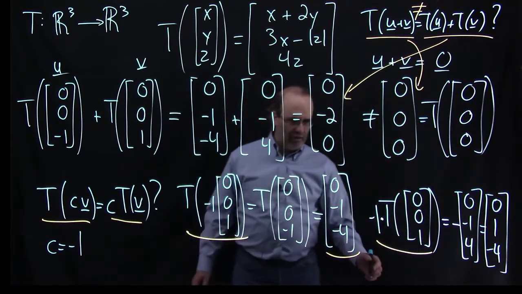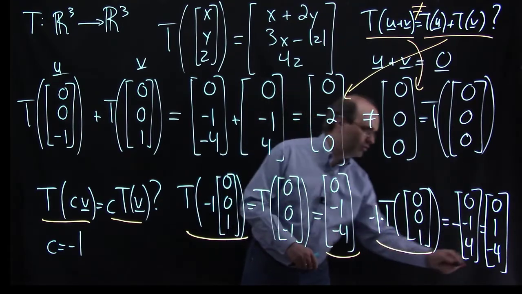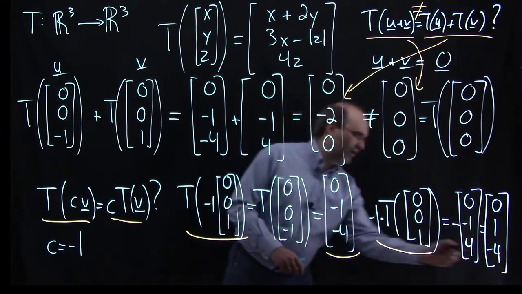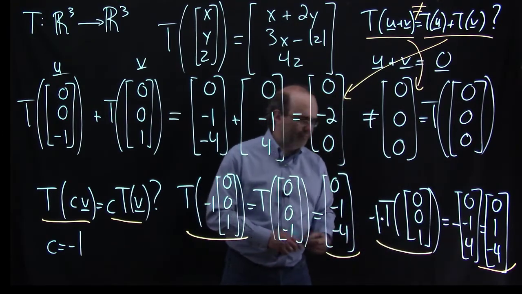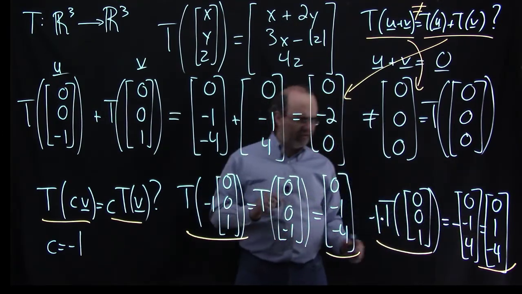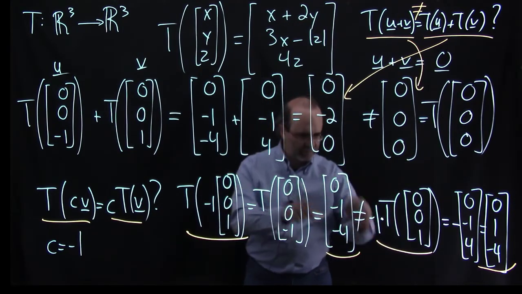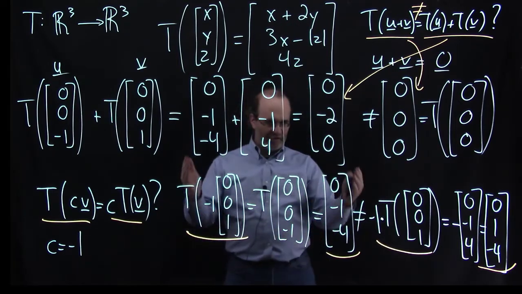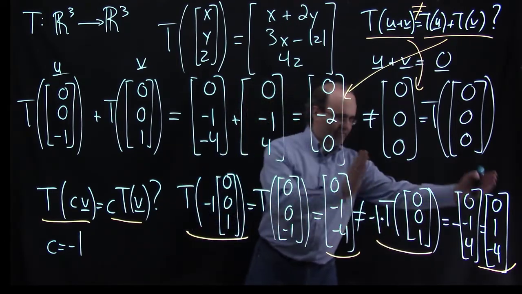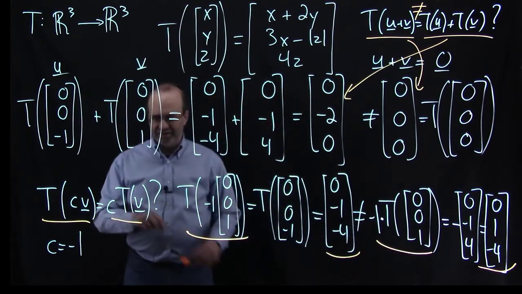Now, is this vector the same as that one? If you look at this vector and this one, we see that these two vectors are different. What I've got on one side is different from what I've got on the other, so this is not an equality.